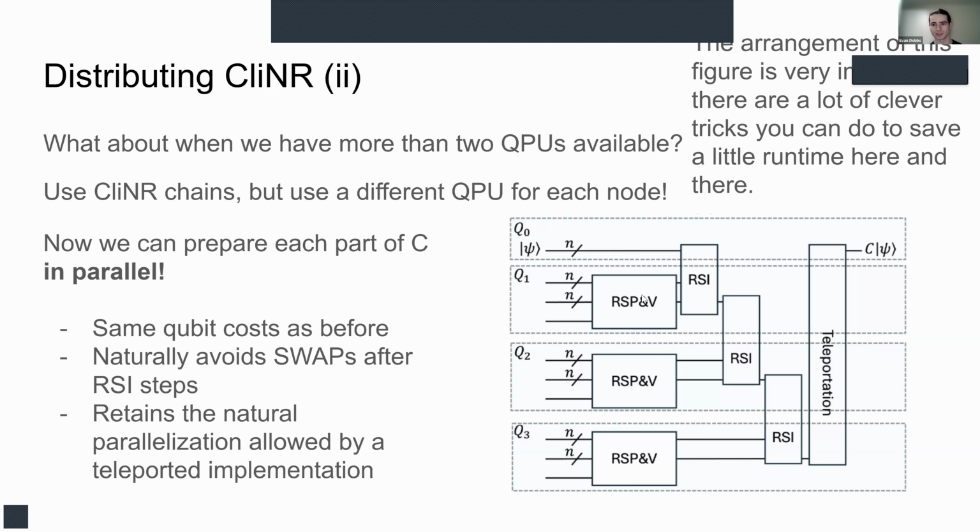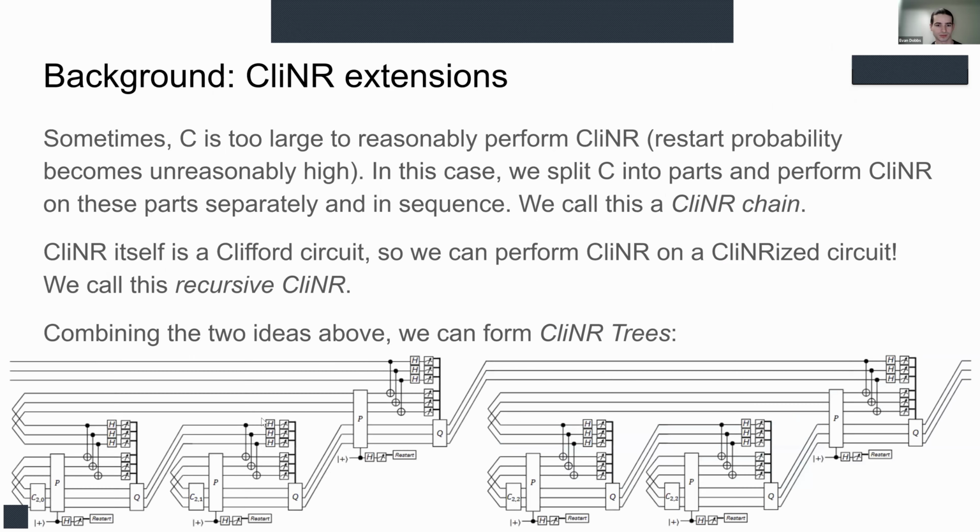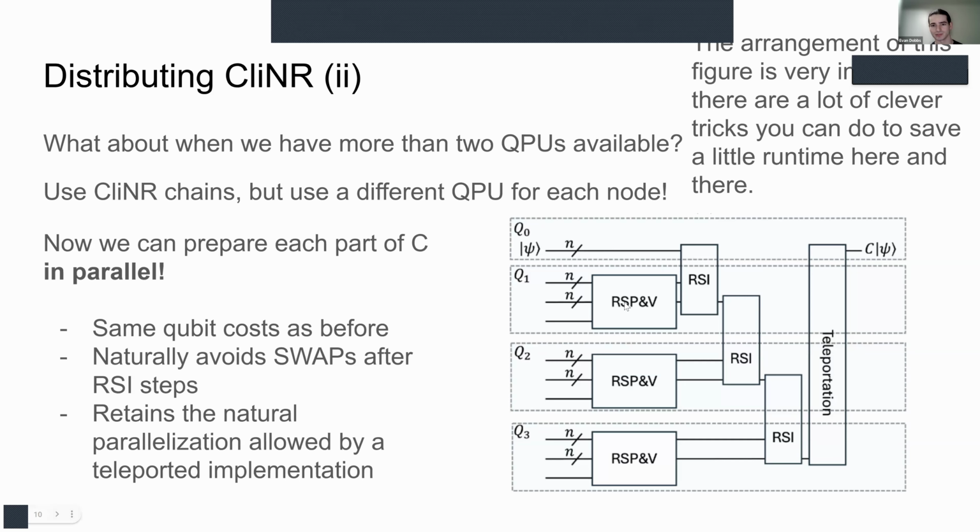And we're going to do basically a CliNR chain, but do the state preparation verification in parallel for each part of this chain. If you had a single device, like in this case, you'd have to do this serially, right? Now we have the advantage of doing these in parallel because we have multiple devices. And so you do your state preparation verification and you do your injection, but you have to do injection between each QPU.